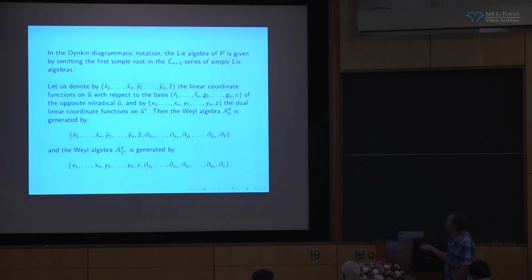So we have an n-tuple of coordinates. In both pictures, for u bar and u bar star, we have an n-tuple of coordinates coming from one Lagrangian subspace, another n-tuple coming from the other Lagrangian subspace of the first graded component of the Heisenberg algebra, and then we have that central element, z, that corresponds to the contact direction. Perhaps I should say that this geometry, the contact projective geometry, is foliated by symplectic leaves.